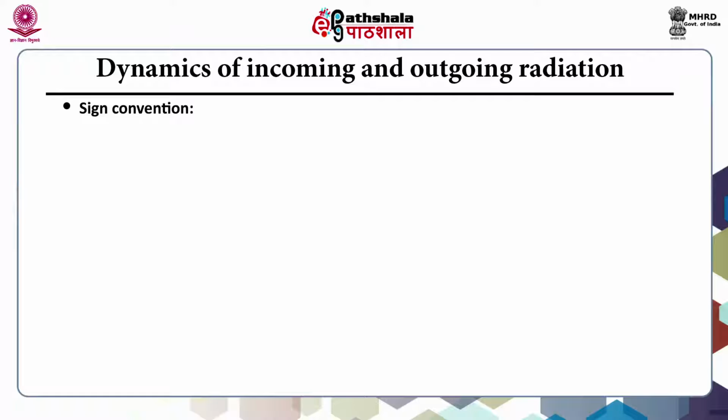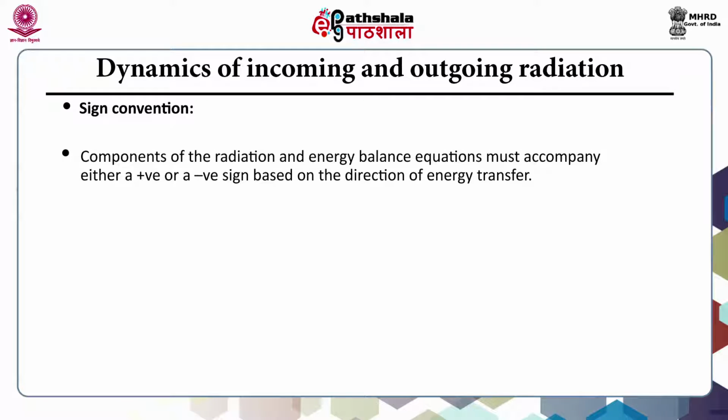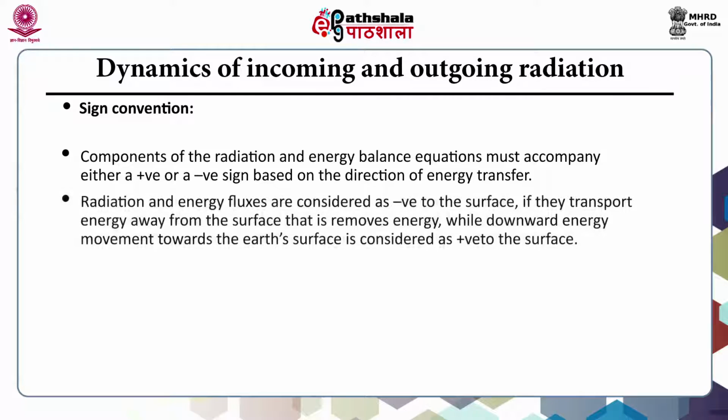The sign convention. The components of the radiation and the energy balance equations must carry either a positive or a negative sign based on the direction of energy transfer. Radiation and energy fluxes are considered negative to the surface if they transport energy away from the surface, that is, remove energy, while downward energy movement towards the earth's surface is considered positive to the surface.